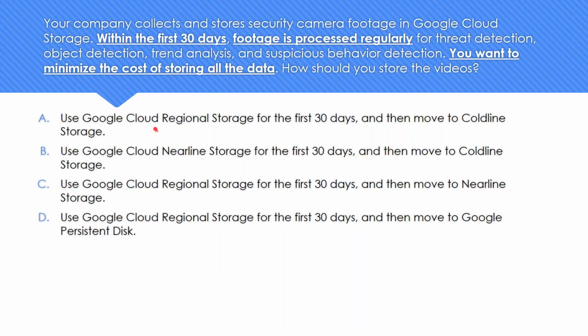Let's look into the explanation first of all. Use Google Cloud regional storage for 30 days, then move them to coldline storage. The footage is processed regularly, meaning there are going to be n number of data retrievals throughout the 30 days.